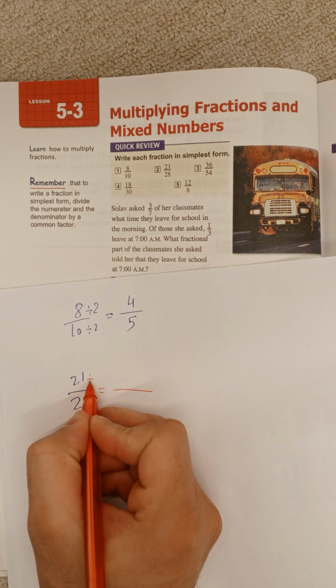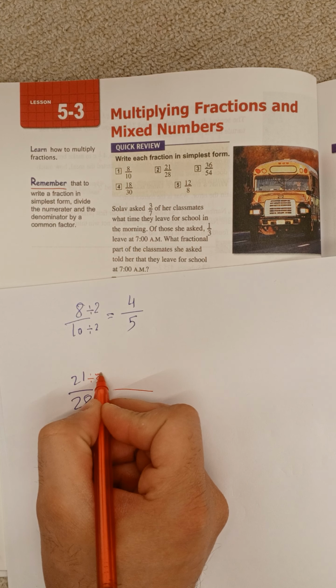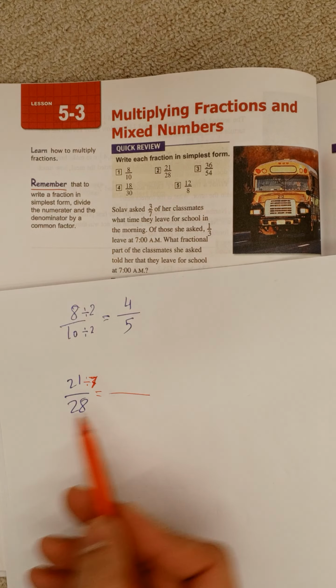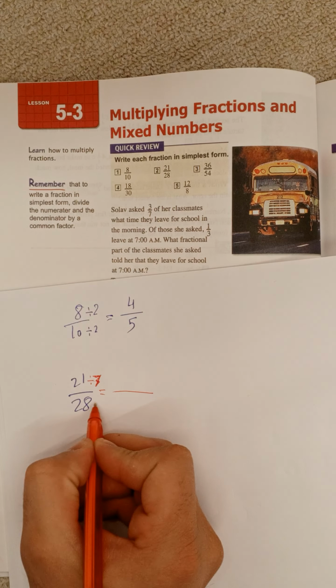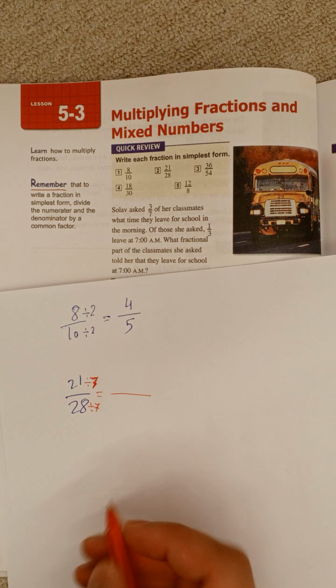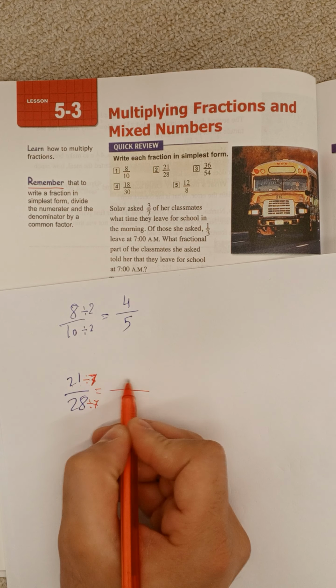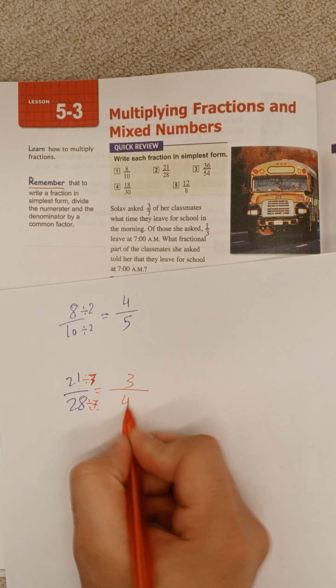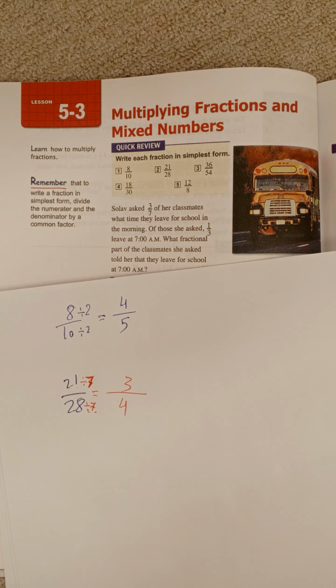Because 21 divided by 7 is 3, since 3 times 7 is 21. What about 28 divided by 7? It means what number multiplied by 7 is 28. 4 times 7 is 28. So 21 divided by 7 is 3, and 28 divided by 7 is 4. 3 out of 4. We cannot simplify it anymore.